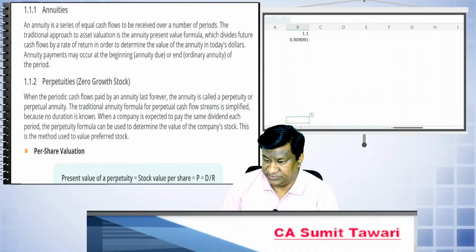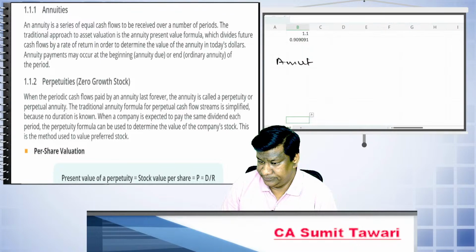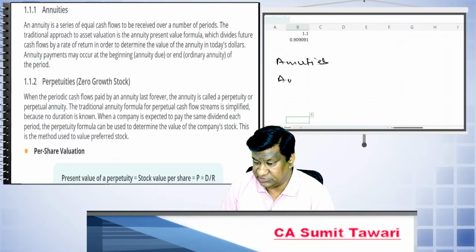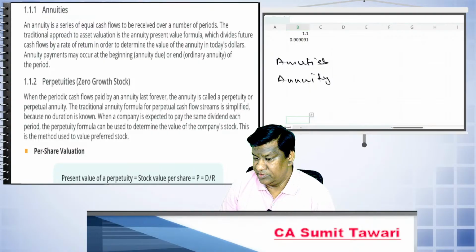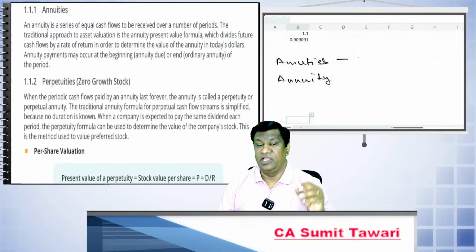Then annuities. Okay, so there is an annuity due, two words, just need to keep in mind. Annuity is basically you have invested some amount, and on the basis of that amount, you are getting a fixed amount every year.